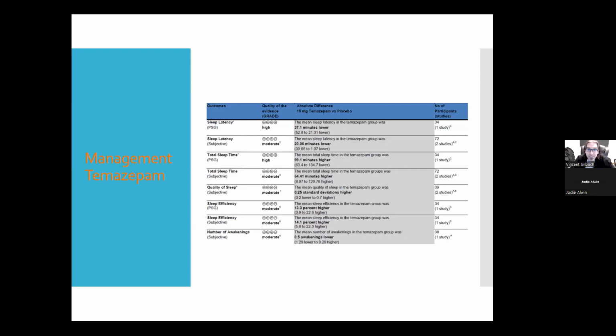If I really need somebody to sleep, if I get called by the psychiatrist for somebody who's severely depressed and they need to sleep, I will pull out the big guns. I try to use zopiclone more. Zopiclone is, objectively, if you look in this article, stronger than zolpidem, but by far temazepam is the strongest thing.